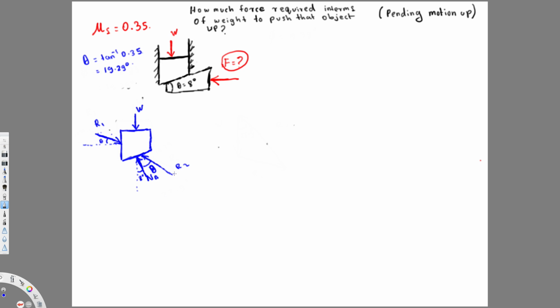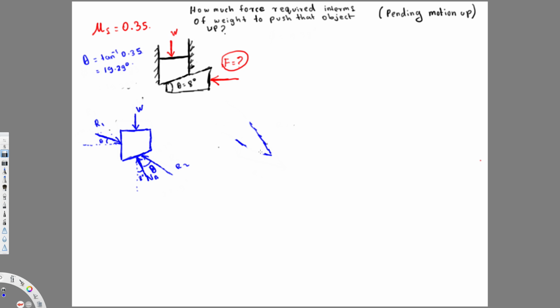So now we can calculate R1 and R2 in terms of W by using the sine law. Before doing that, I have to draw a triangle related to these three, W, R1 and R2. So if I draw that, I will get something like this. It's a little bit messy.